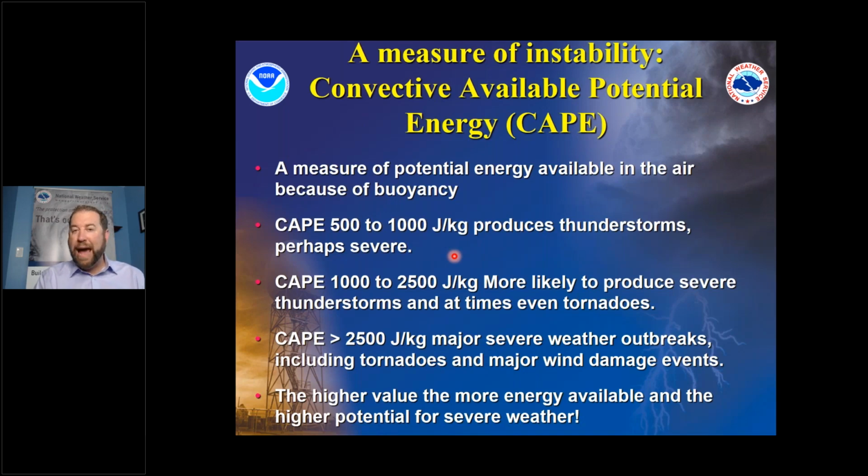So a few asterisks. In the wintertime, it usually only needs a couple hundred joules, 200-300, and we can get some severe weather. And if there's a strong cold front, it can produce wind damage. So that's one asterisk. The second asterisk is there's many days we have a couple thousand joules of CAPE in the summer. If you've lived here, it's hot and humid almost every day, right?